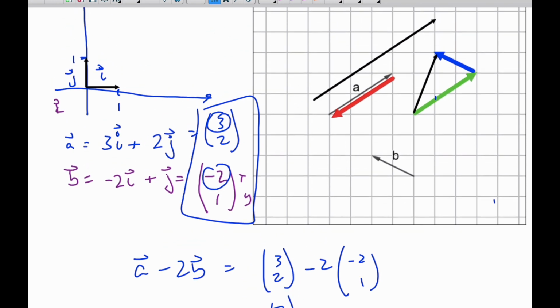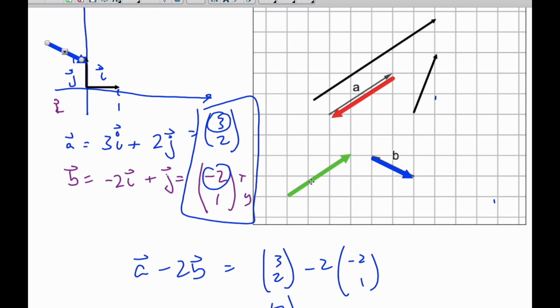And if I look at it geometrically, let's start with A, and I'm going to take B, I have to subtract 2B, which means I'm going in this direction here. Let me make sure it's the right length. Here's a negative B, it's going in the opposite direction. Copy paste that.